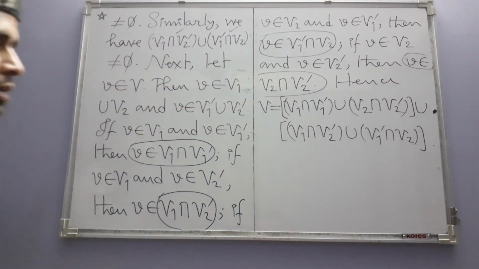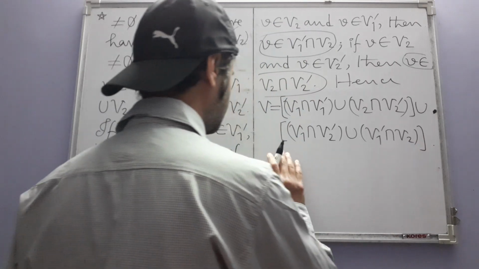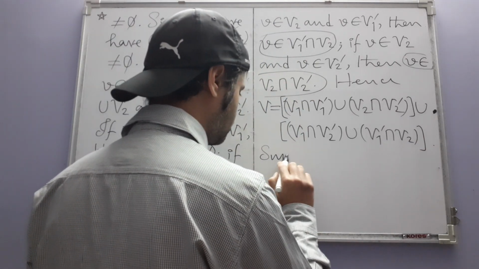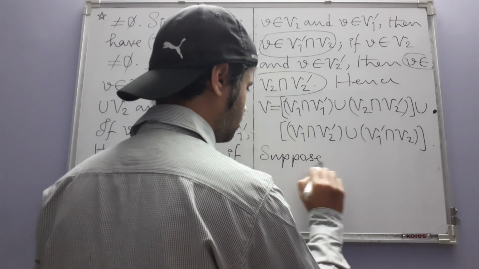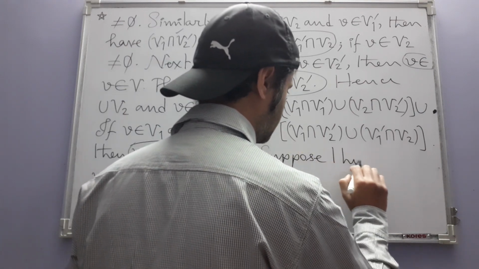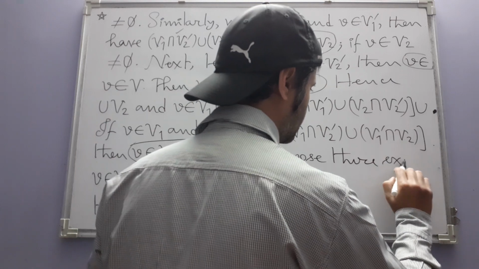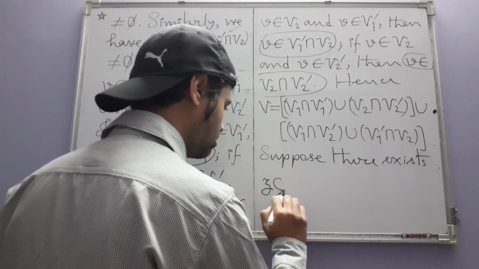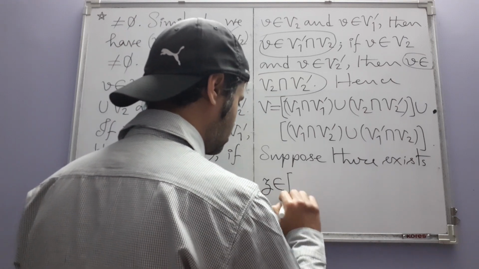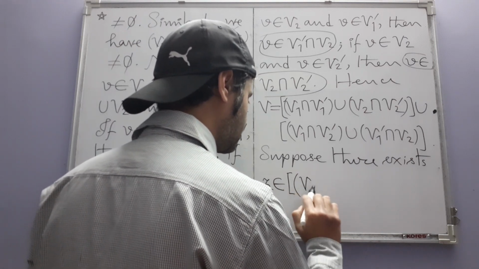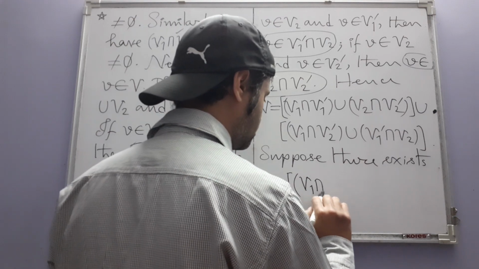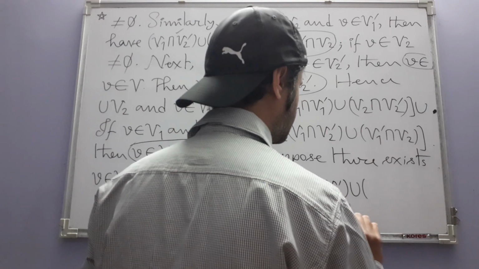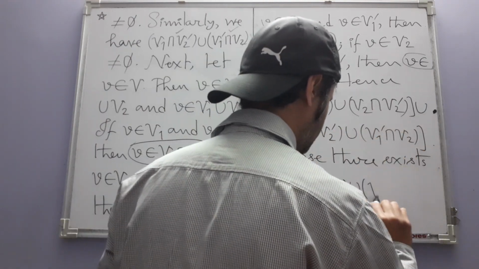So without writing anything more unnecessarily, let us suppose there exists an element Z belonging to the intersection of these two sets, this set and this set.